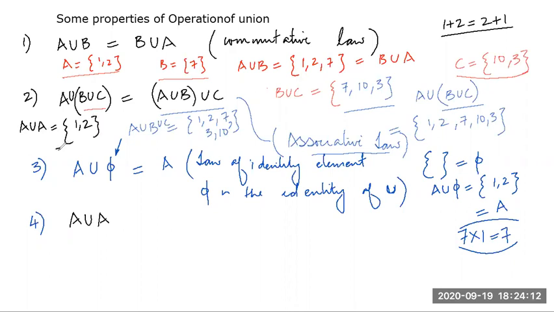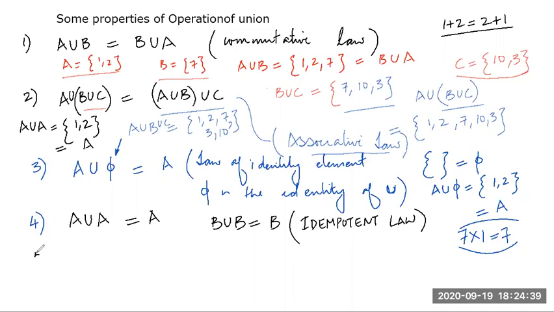So this is equal to A. A union A is equal to A. B union B is equal to B. Okay, this is known as which law? Idempotent law.